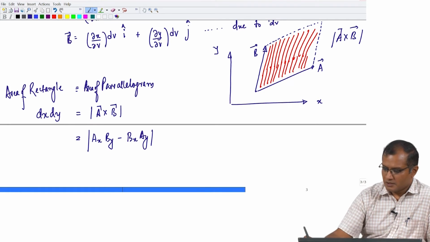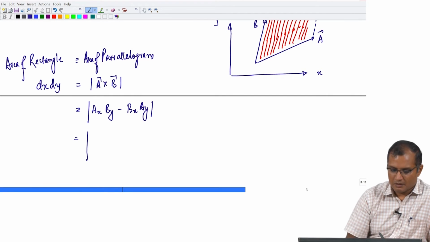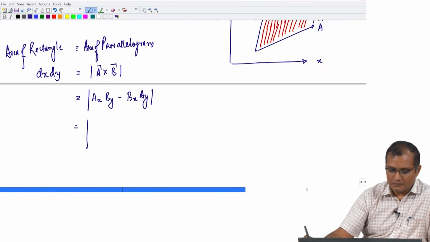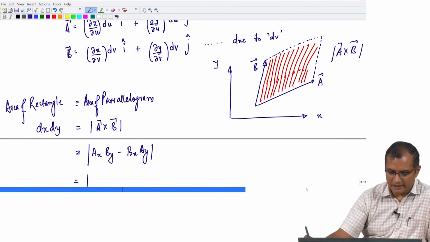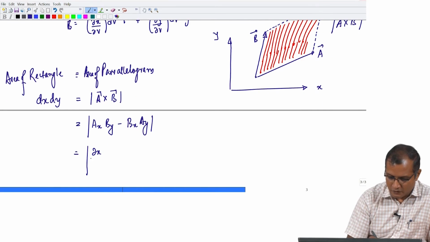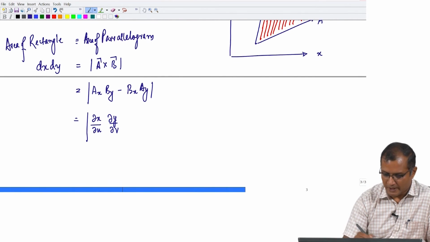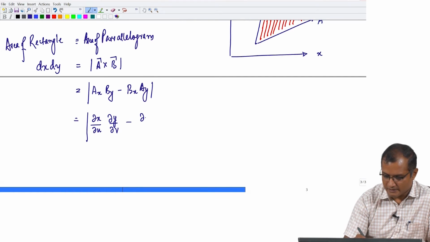Okay. So, from this definition here, I can write it as dx over du into dy over dv minus dx over dv into dy over du.